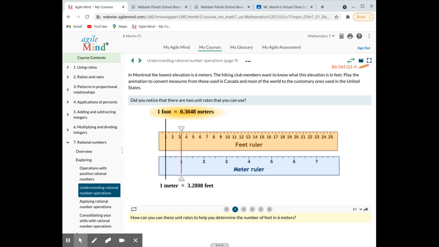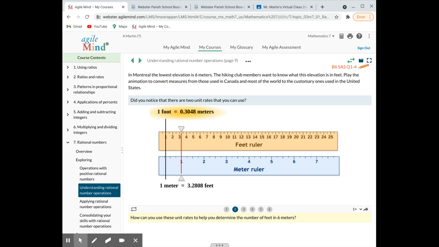So when we get that, how can we use these unit rates to help us determine the number of feet in 6 meters? What could we do with that? How could we figure out what 6 meters are since we know what 1 meter is? You can do it. Somebody tell me what to do.